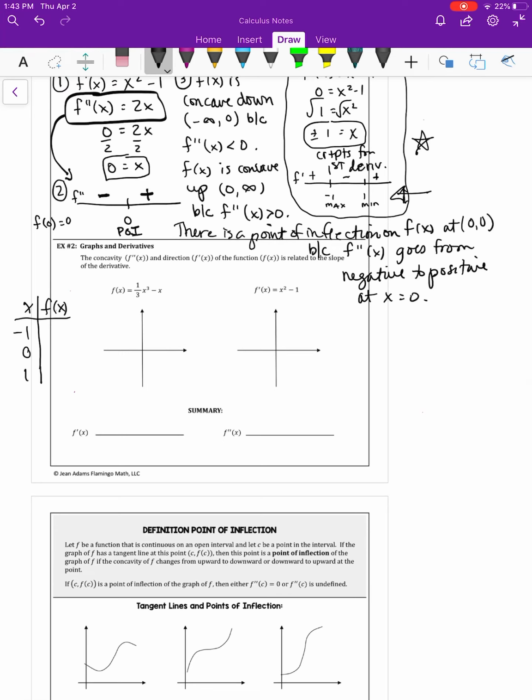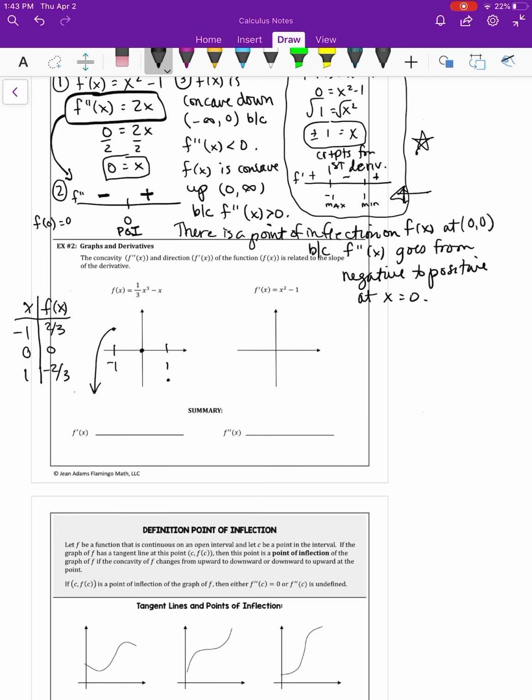So if I put -1 in, I get 2/3. If I put 0 in, I get 0. If I put 1 in, I get -2/3. So I just graphed approximate points here.